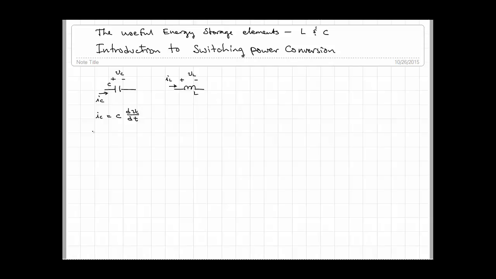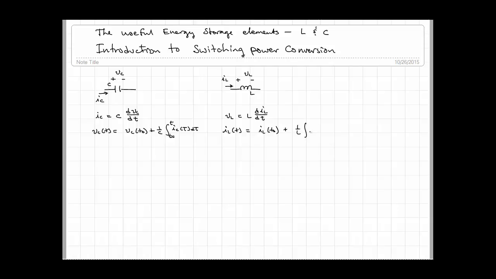We can also put that in integral form, and we can do the same for the inductor. We have that the inductor voltage is equal to the inductance times the time rate of change of inductor current. We also have that the inductor current is equal to the initial current plus 1 over L integral from T0 to T of the inductor voltage.